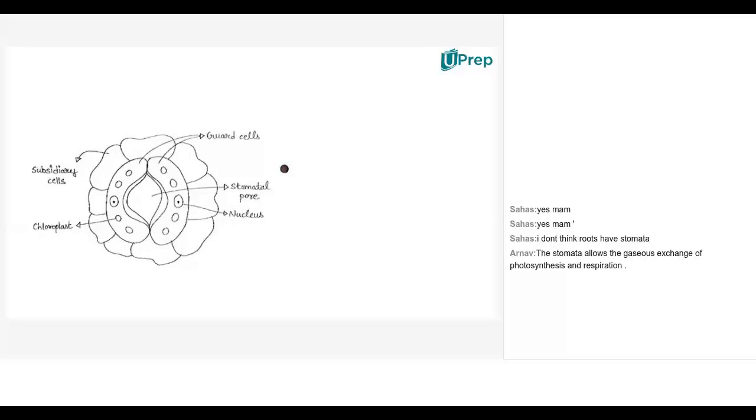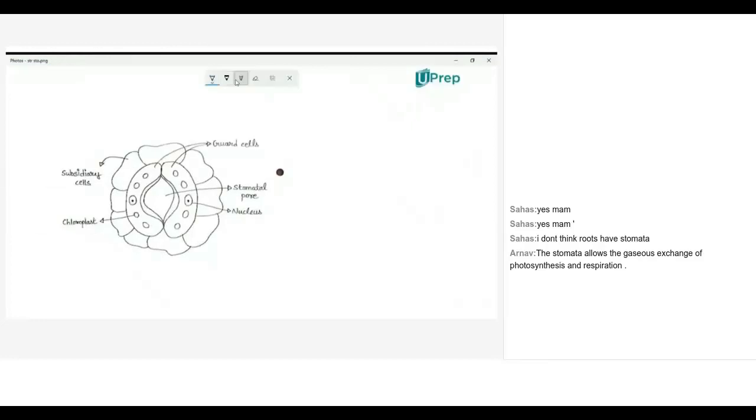Now, when you take stomata individually, the structure somehow looks like this. See here, we are having a pore. Okay, this generally we call as stomatal pore.